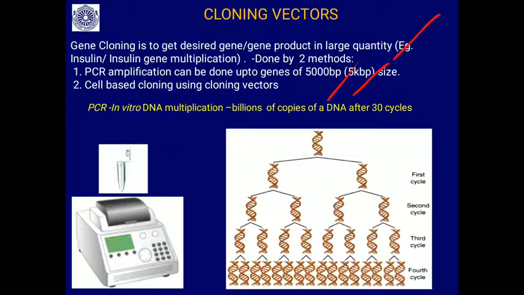If the gene size is more than 5000 base pairs, it cannot be amplified properly with PCR. Usually eukaryotic genes are more than 10 kilo base pairs in size, so we require cell-based cloning using cloning vectors. In PCR, in vitro multiplication gives billions of copies; this is a thermal cycler, where we can keep our DNA and multiply it if it is less than 5000 base pairs.